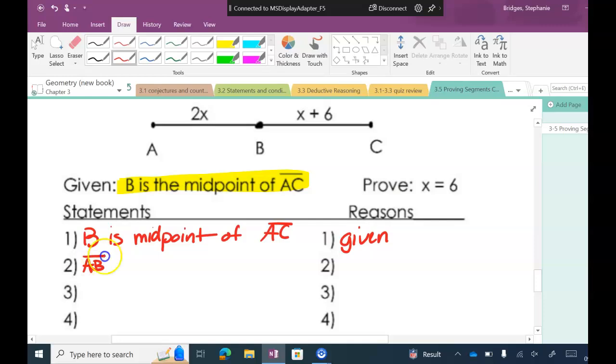Segment AB is congruent to segment BC. The definition of midpoint just said that a midpoint divides a segment into two congruent parts. So what's my reason? The definition of midpoint, exactly.